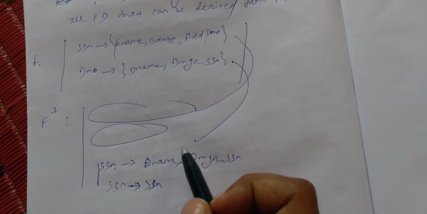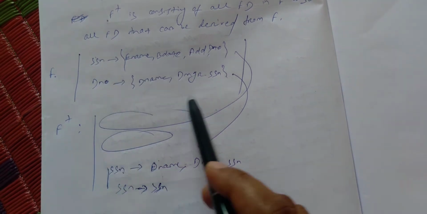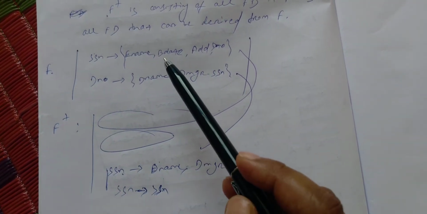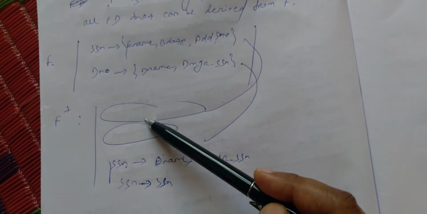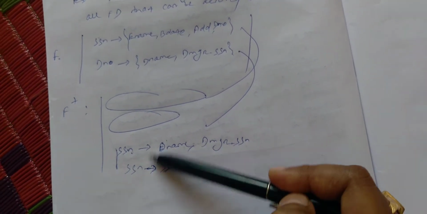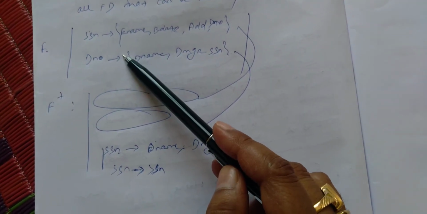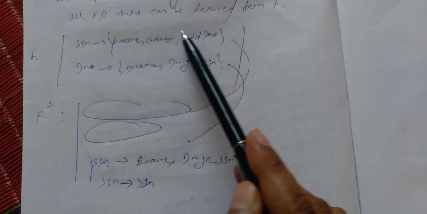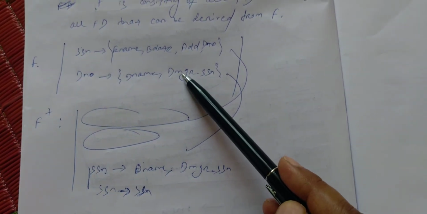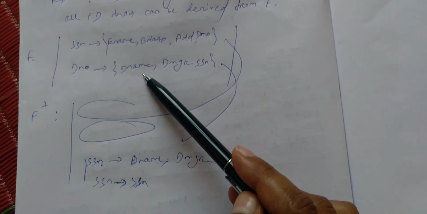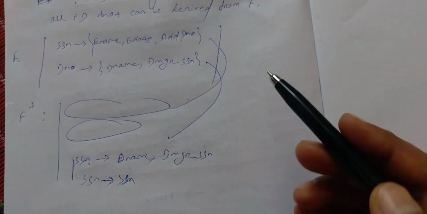When I am talking about the closure of a functional dependency set, this is the functional dependency set. So the closure will include these two, along with any other functional dependency that you can derive from these two. Say SSN is determining D number, and D number is determining D name and D manager SSN. So SSN can determine D name and D manager SSN. This is a kind of rule, the inference rule, which we'll see next.